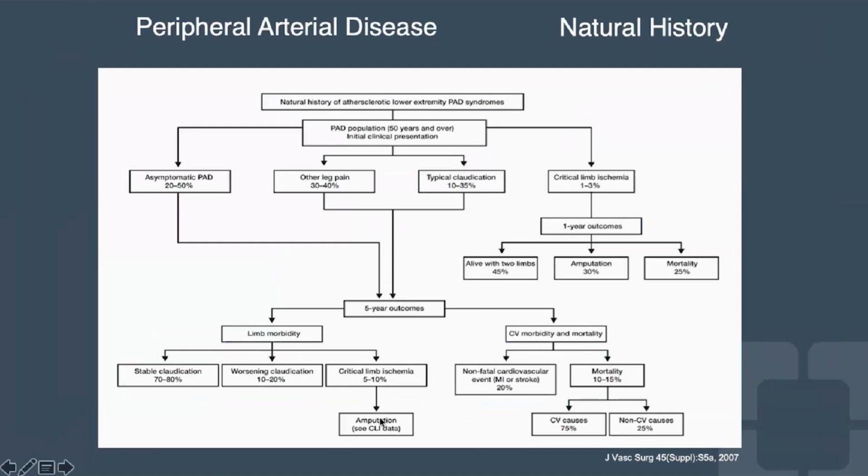Some people even suggest as low as 3 to 5% risk of limb loss over 5 years with claudication. And that's the reason we typically try to treat these patients medically or non-operatively if they only have claudication.